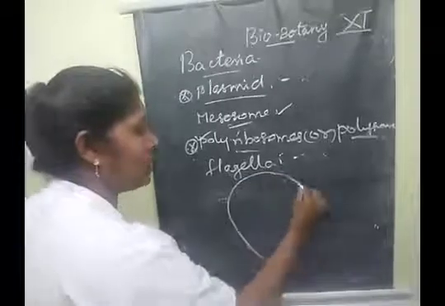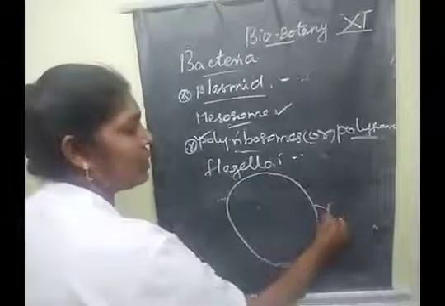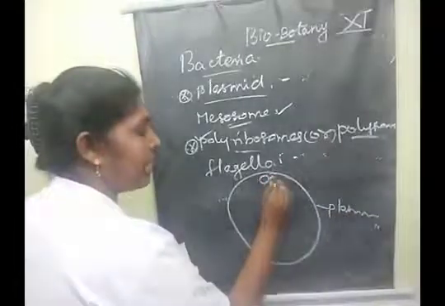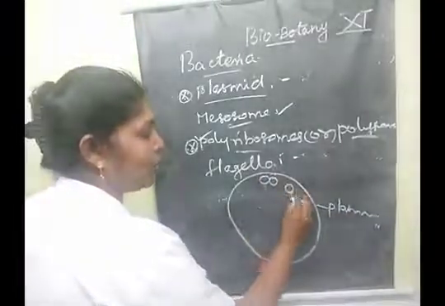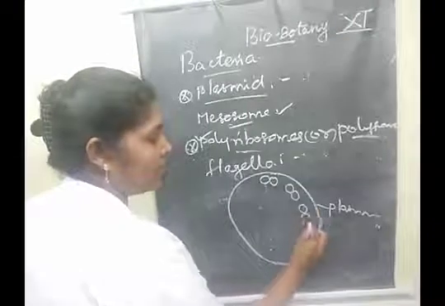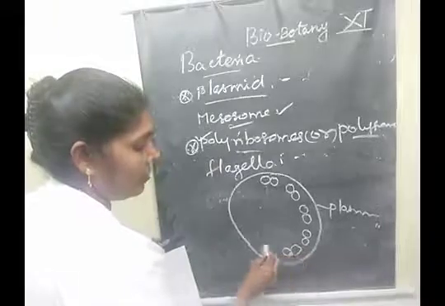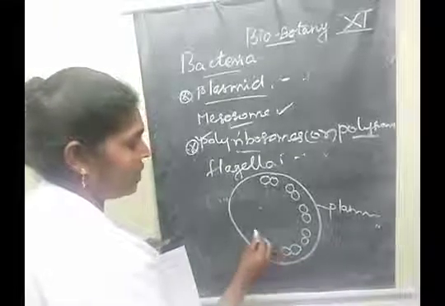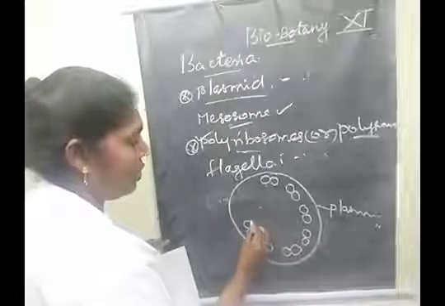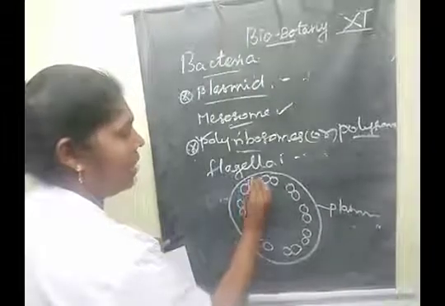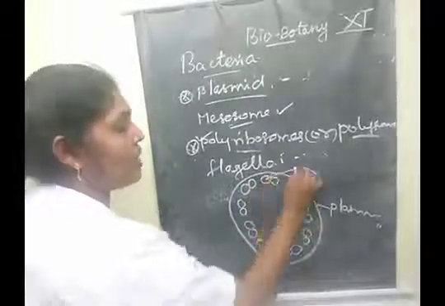Just imagine this is a plasma membrane. Here they are arranged in a 9+2 pattern. So this is the first, second, third, fourth, fifth, sixth, seventh, eighth and ninth tubule.